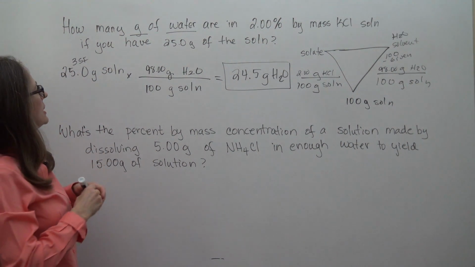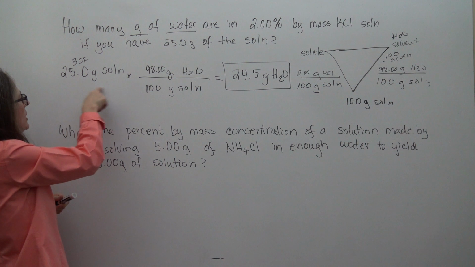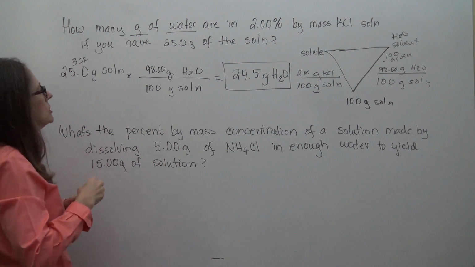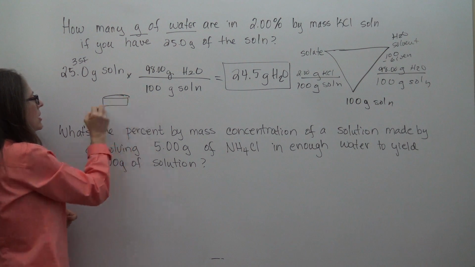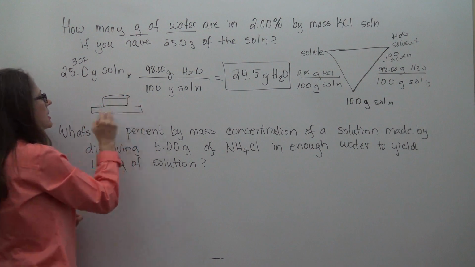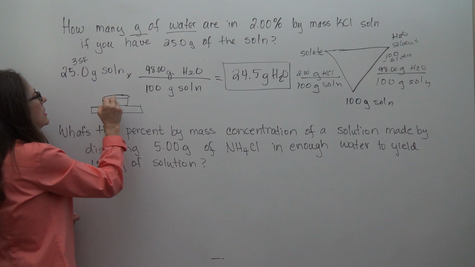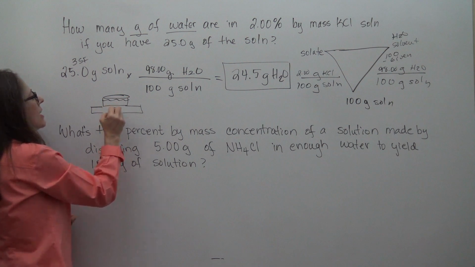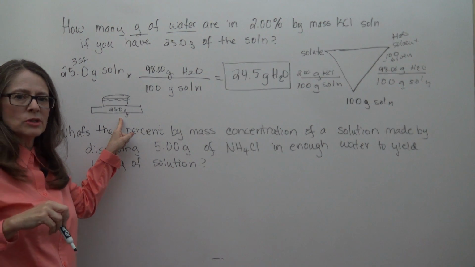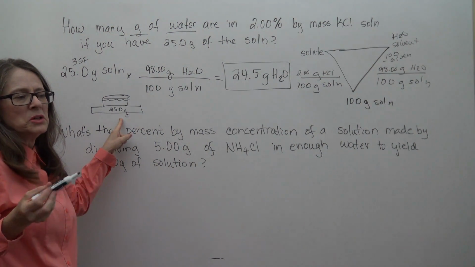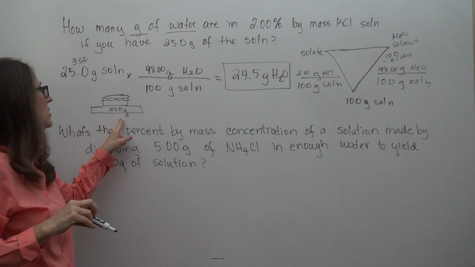So what's that mean? Let's look at it. So I've got 25 grams of solution. Let's say I have a beaker on a scale, and that scale says I've got 25 grams of solution, probably about 25 milliliters, around there.